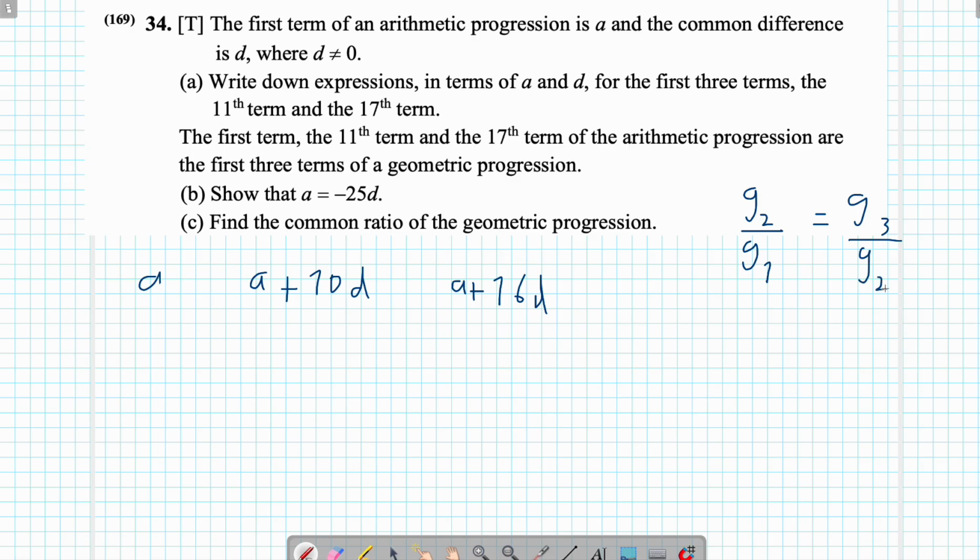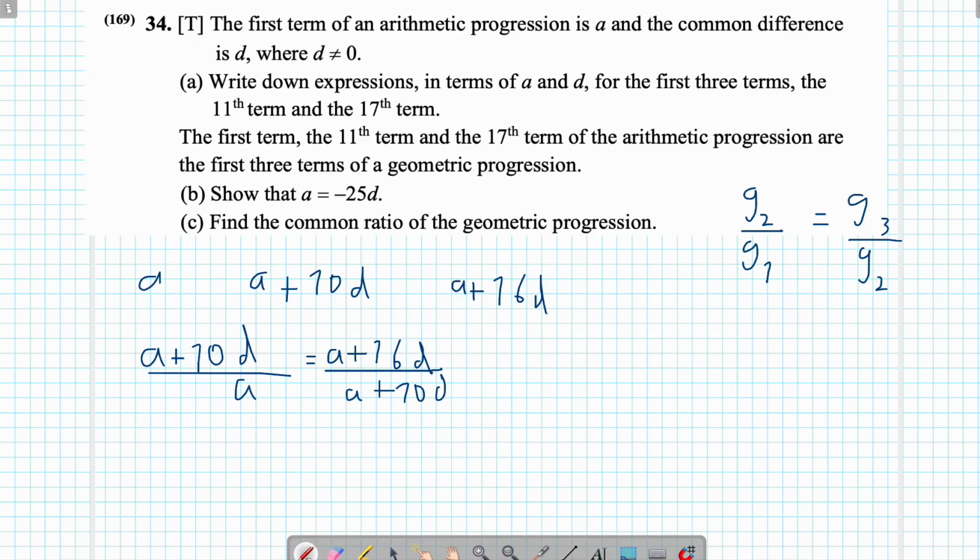Each of these are equal to the common ratio, which is what we'll need for part C. So a plus 10d over a is equal to a plus 16d over a plus 10d.